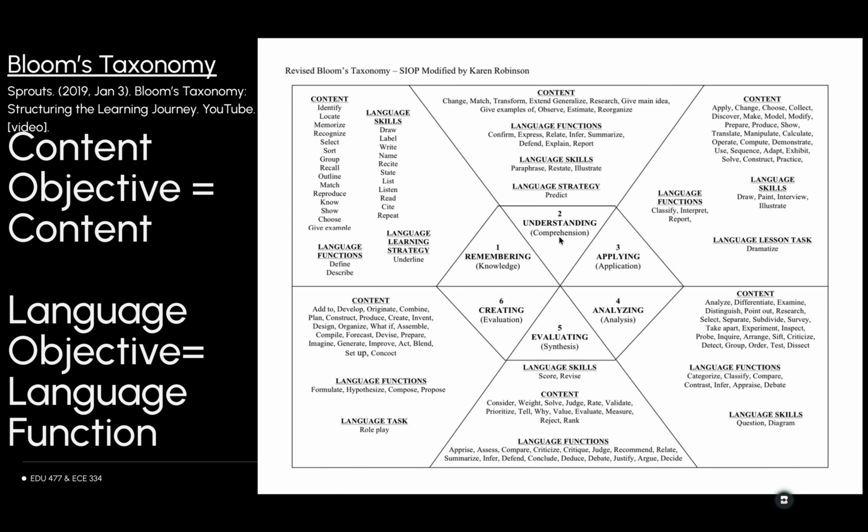Then it's comprehension. So now you're not just memorizing. You're able to give examples, you're able to change, you're able to match, transform. For example, knowledge, remembering, would be memorizing addition facts. You're able to memorize 2 plus 2 is 4.